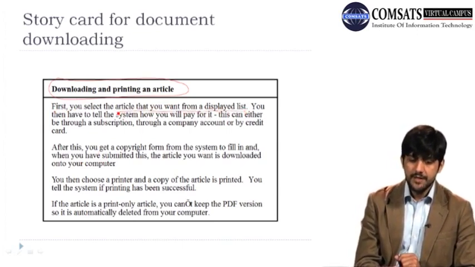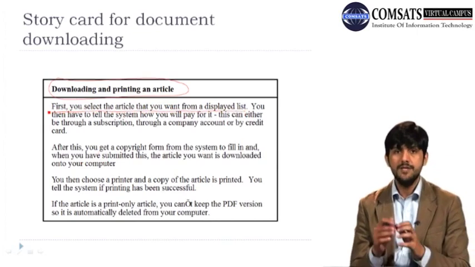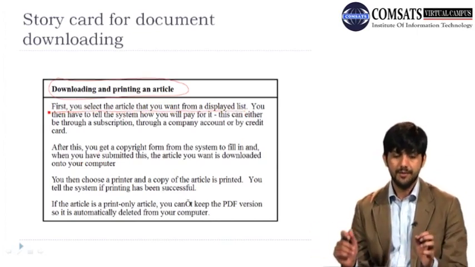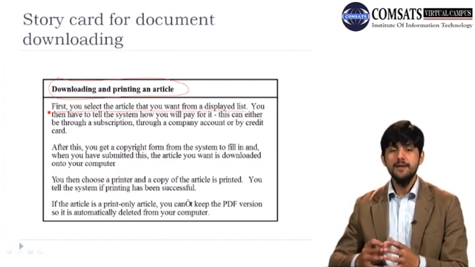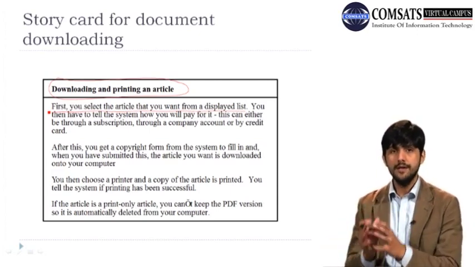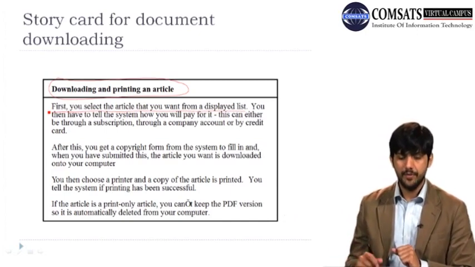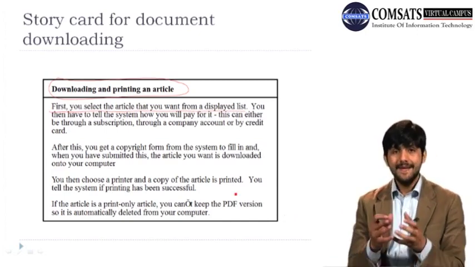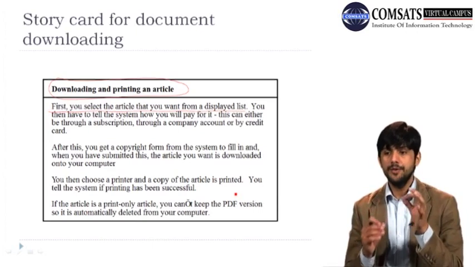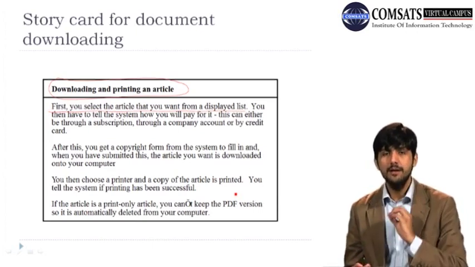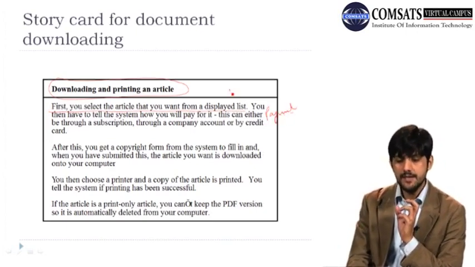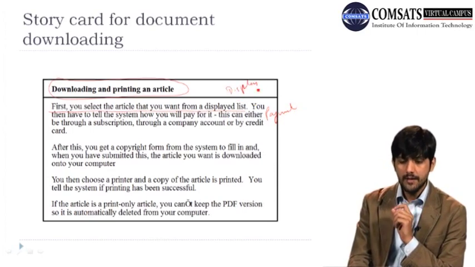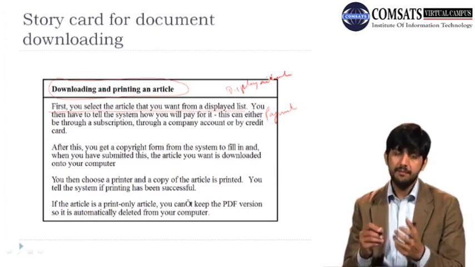So maybe the first feature that you have to build is displaying the list of articles, or you want your system to have a search facility where, when you search for an article, it displays the list of all those articles. Then you select that particular article, and when you press the selection button, the system should ask you for payment. So the next set of features is for payment. The first is display article, and the second is payment.